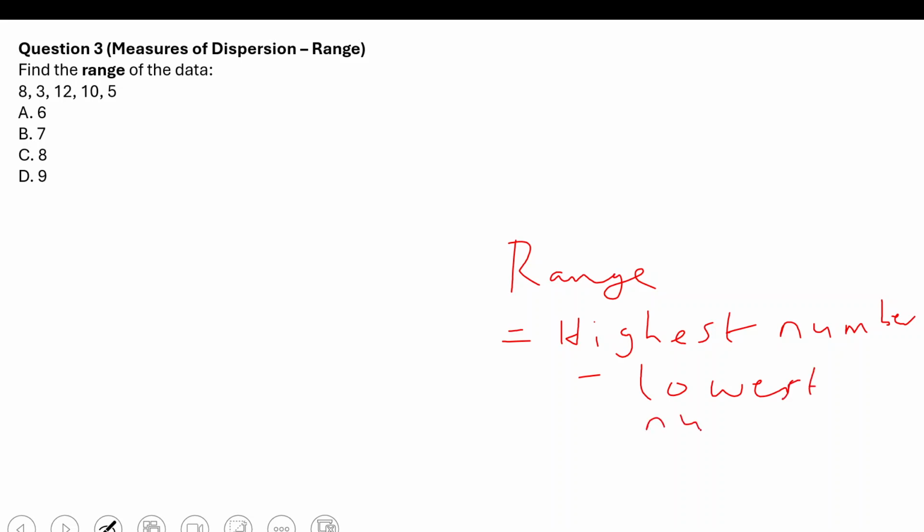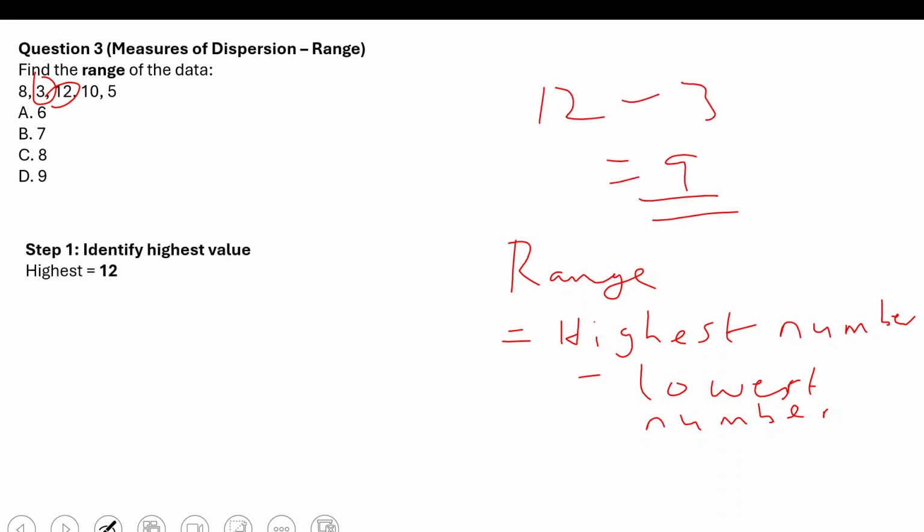All right. So we are going to inspect these numbers, the distribution. So we'll pick the highest number. The highest number here is 12, right? And the lowest number here is 3. So 12 minus 3 will give us 9. So the range is 9. So the answer is D.